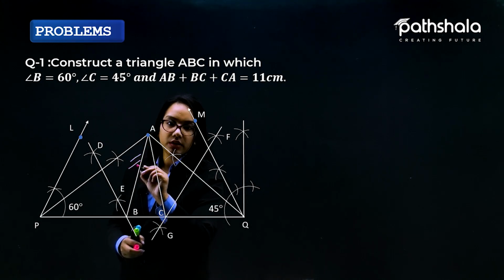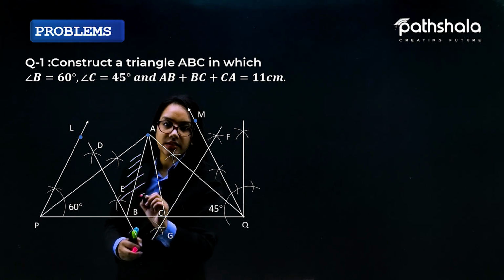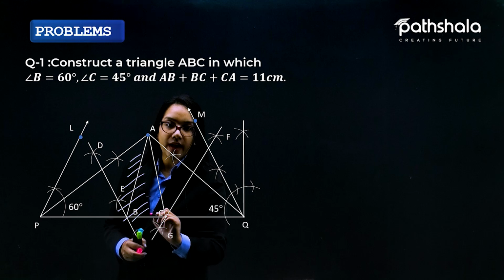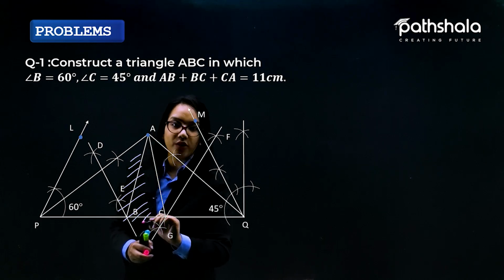If I shade it, this is the required triangle ABC, and obviously angle B is 60 degrees and angle C is 45 degrees.